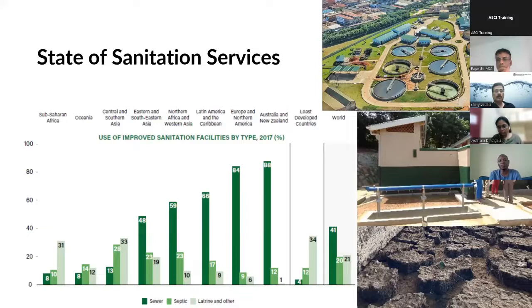The mix of technologies and ensuring that there is equity in service delivery must consider all types of systems, as long as they are safe and context specific and work for the population that you're targeting. Next.